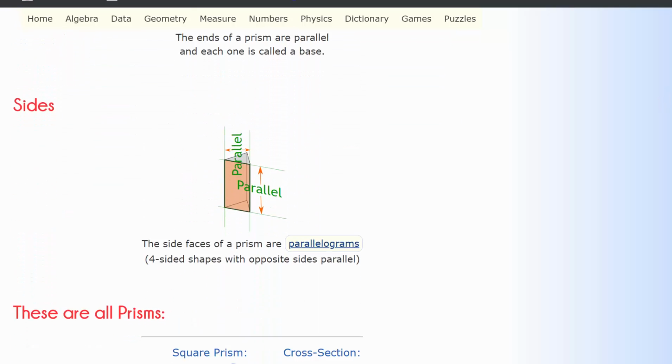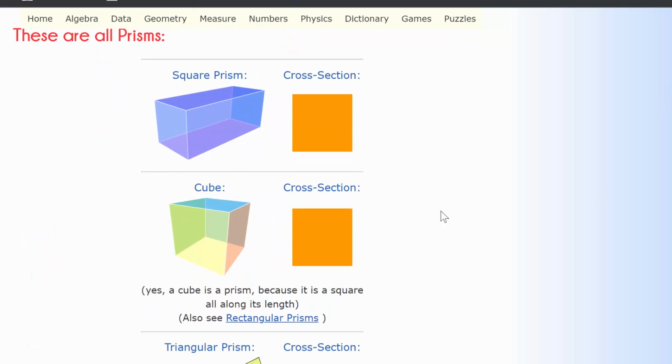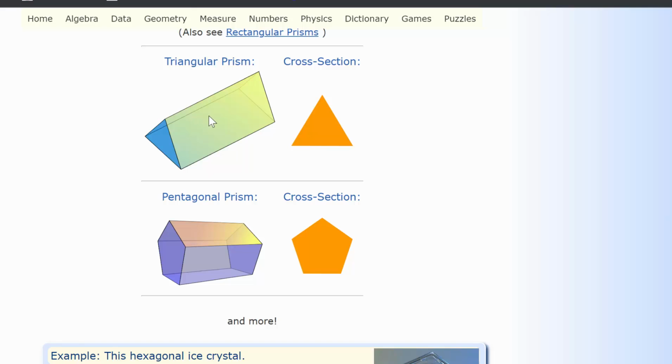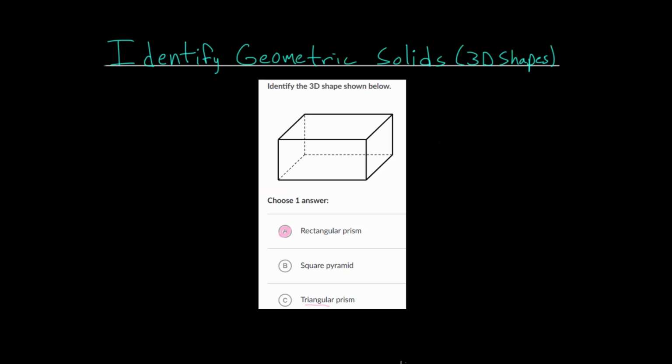So other examples, square prisms or rectangular prisms and cubes, but also you can see these triangular prisms or pentagonal prisms that we talked about, and you can see what their cross sections are. So prisms show up often in math, and it's important to be able to identify what they are.